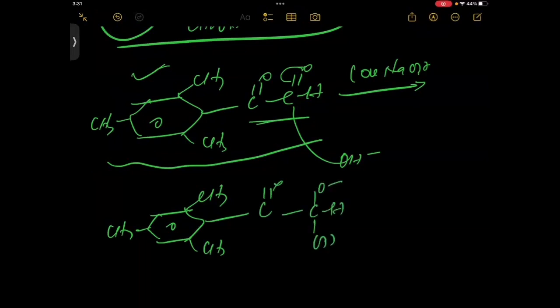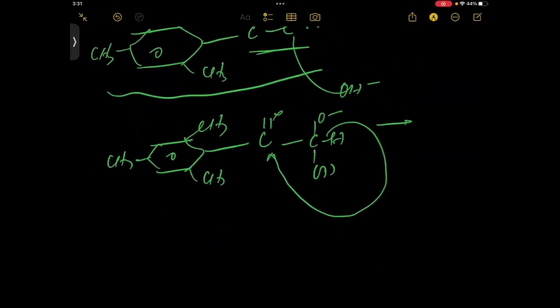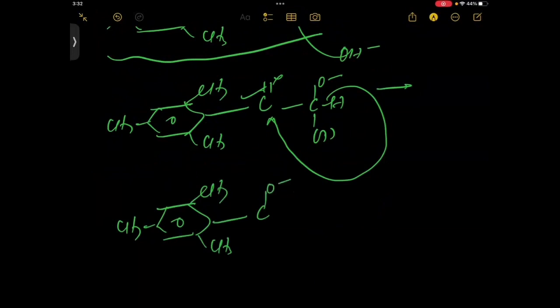If you think the hydride would transfer to this carbon, why is the hydride not transferred here? Suppose I transfer the hydride to this carbonyl, then see what product will be formed. Then CH3, and CO negative, right? H and C, because one hydride will transfer and come back like that. So it would be tetrahedral.